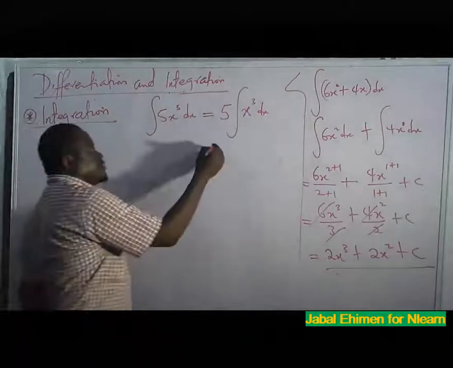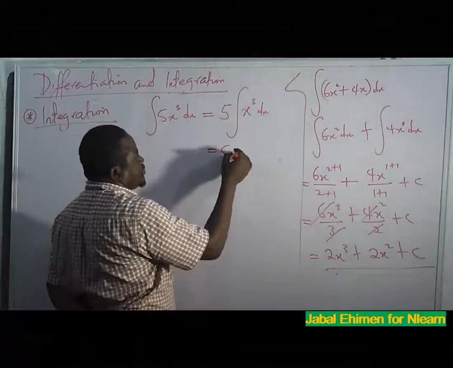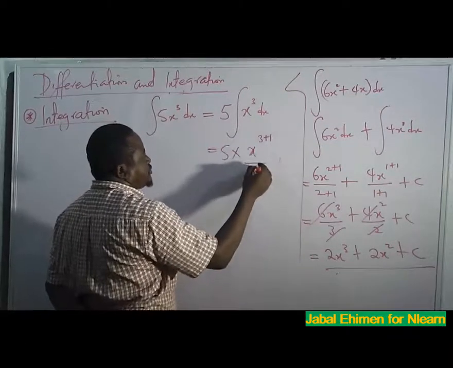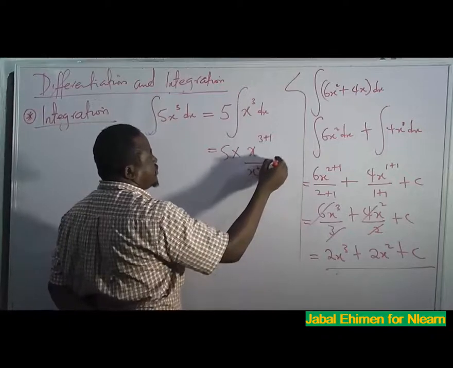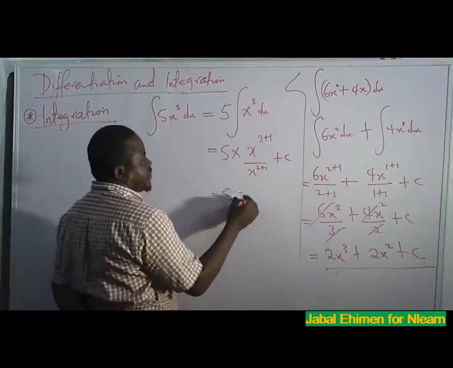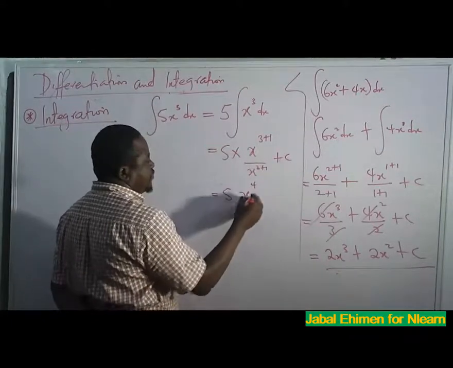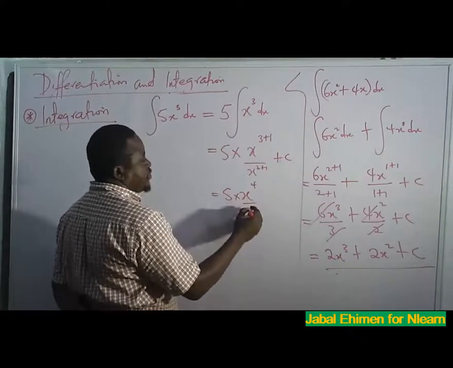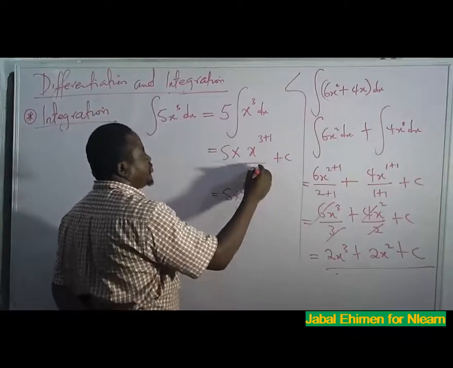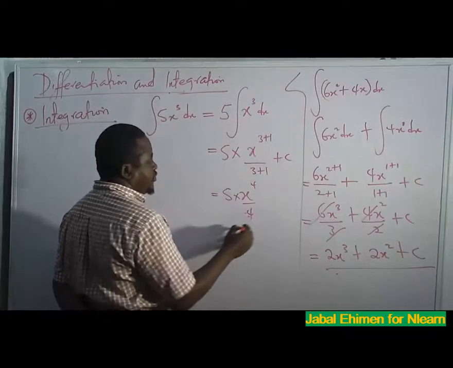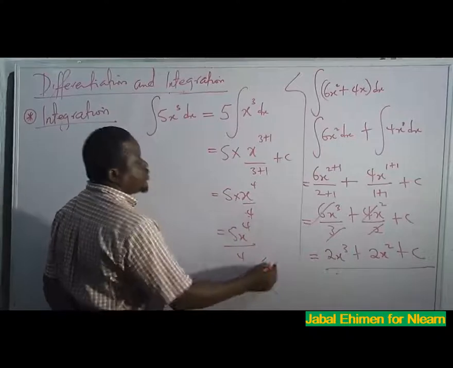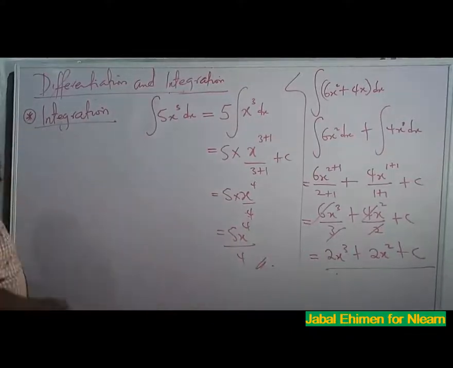So you can have 5 times x^(3+1) over 3 plus 1, plus c. That becomes 4, so that becomes 5x to the power 4 divided by 4. So you can have that too. That's the second rule.